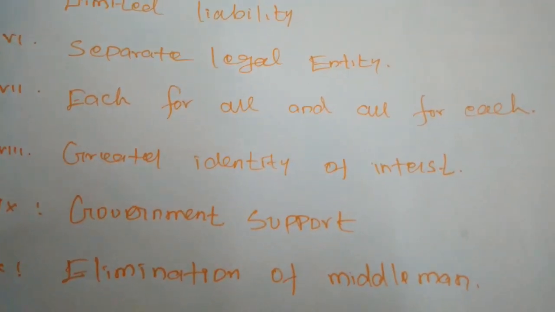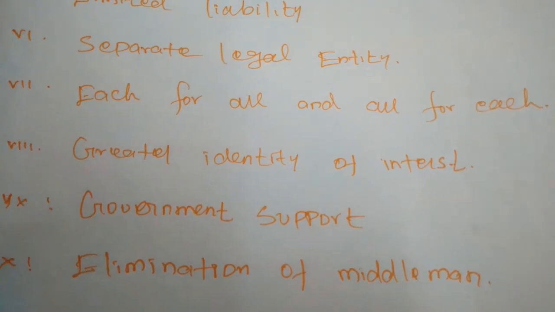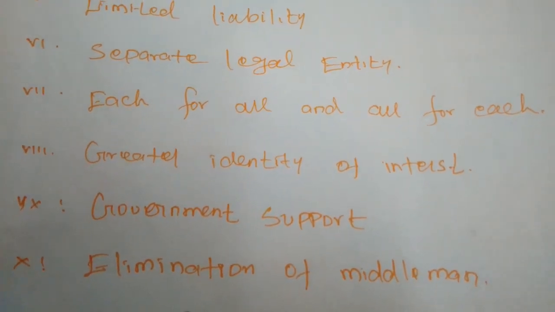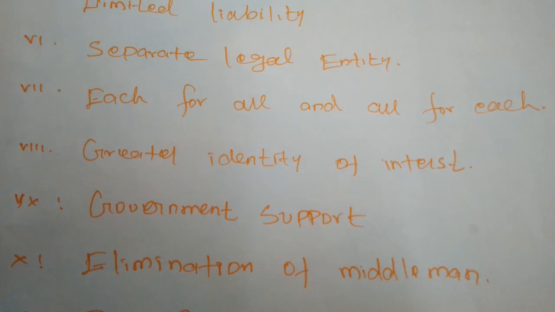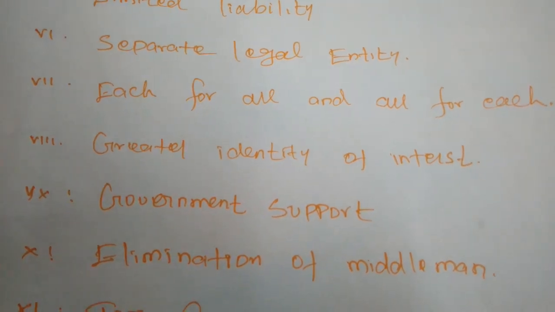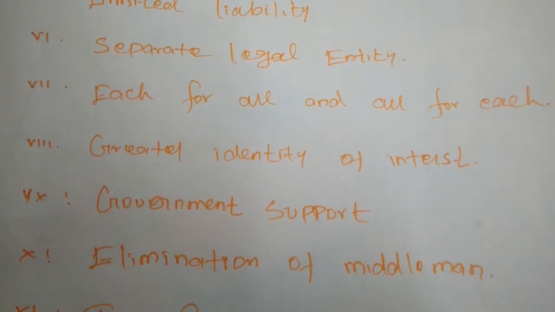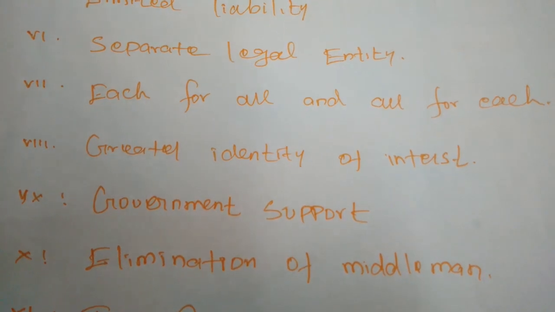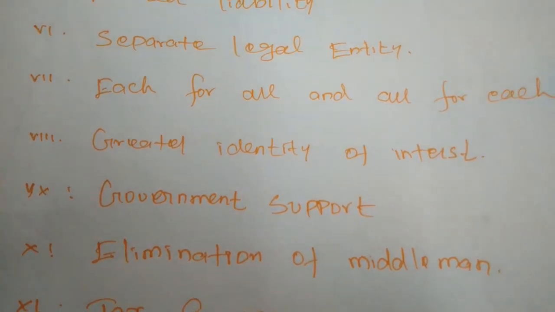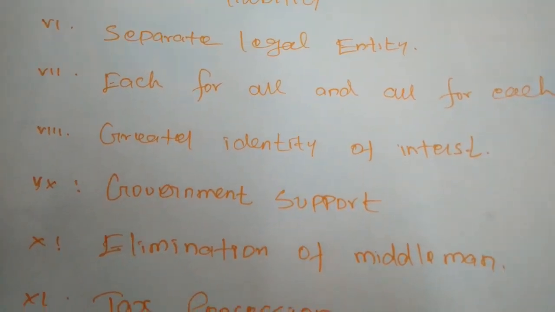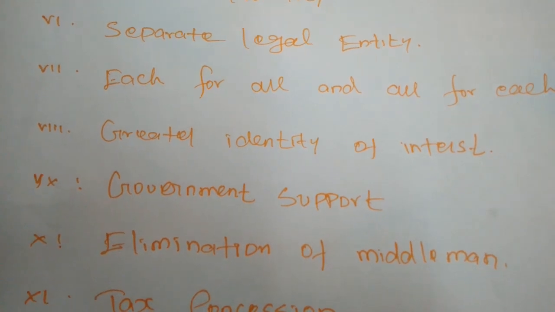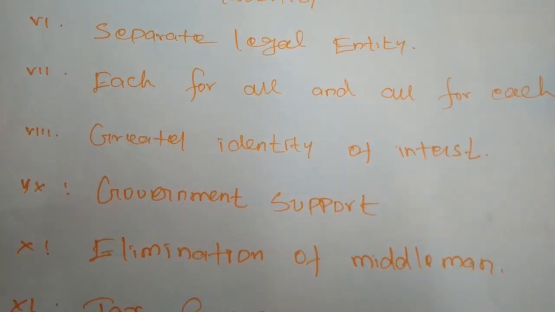Next, greater identity of interest. The cooperative organization operates in a limited geographical area and there is greater identity of interest among members. The members interact with each other, and they can cooperate and manage the activities of the society in a more effective manner.